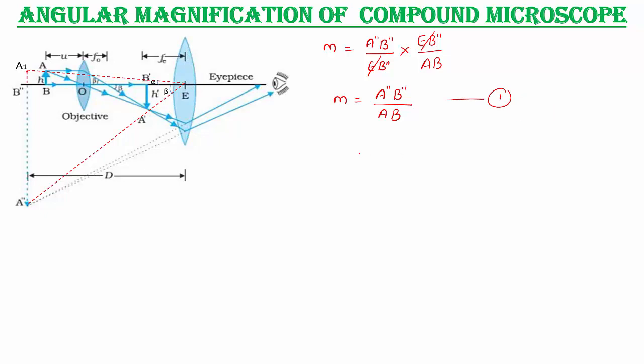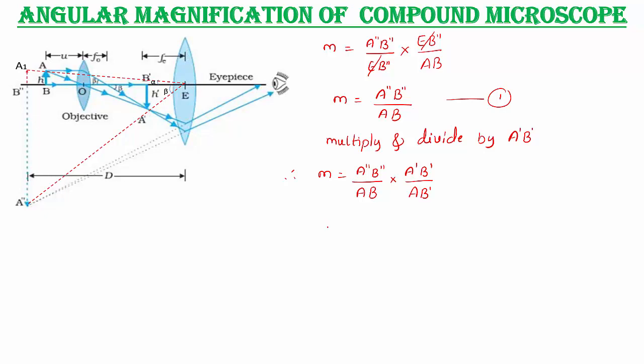So here I am going to multiply and divide by A dash B dash in the above equation. So therefore equation 1 becomes m equal to A double dash B double dash divided by AB, keep as it is. Multiply and divide by A dash B dash.